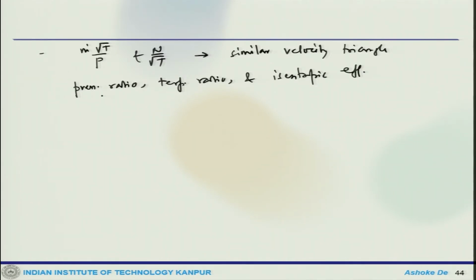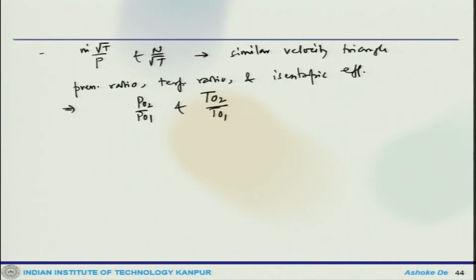Okay. So, this is what the non-dimensional method of presenting the characteristics implies. So, this will yield the same P naught 2 by P naught 1 and T naught 2 by T naught 1.